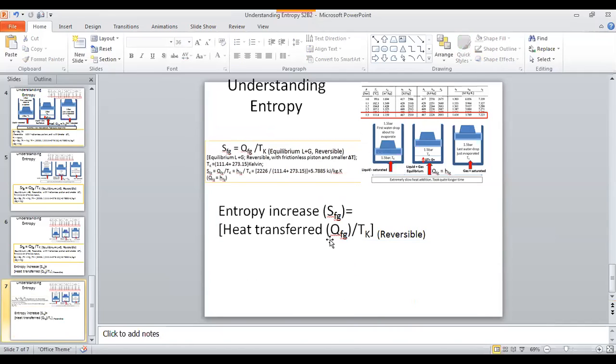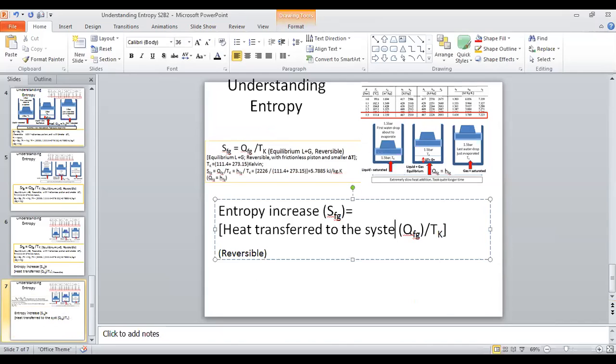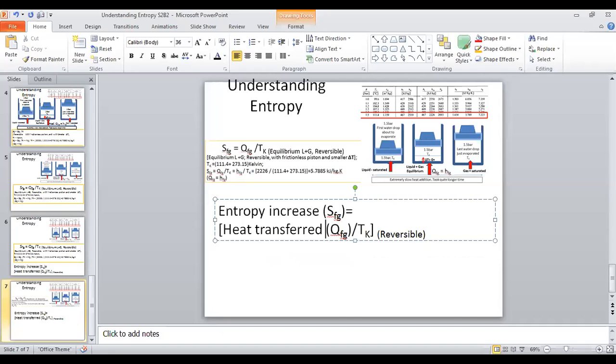And finally, the entropy increase here: the heat transferred to the system, Q_FG divided by T_K. Anyway, I will take this out because it jumped to the other line.